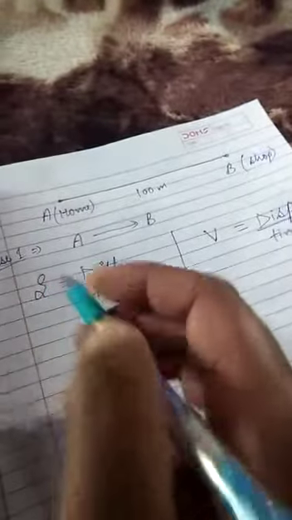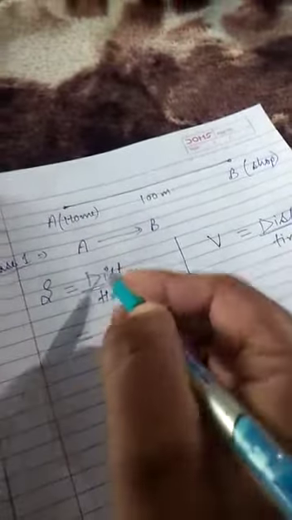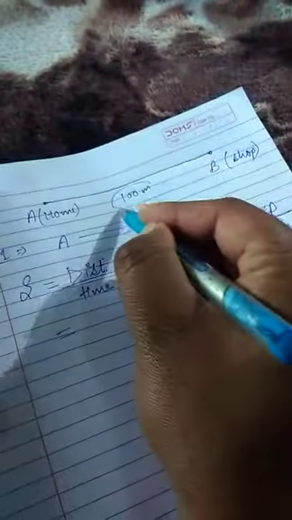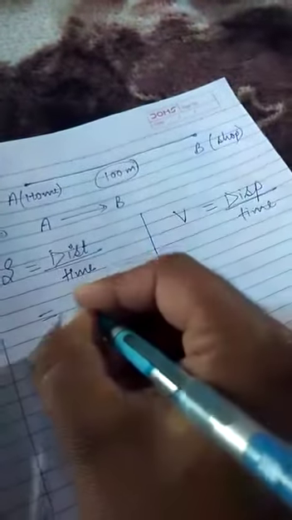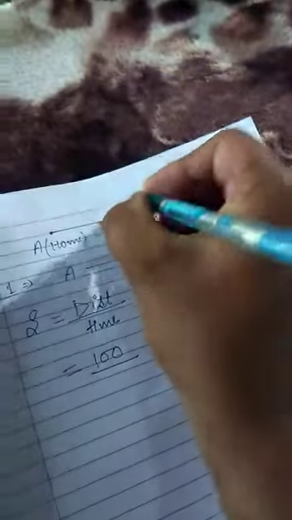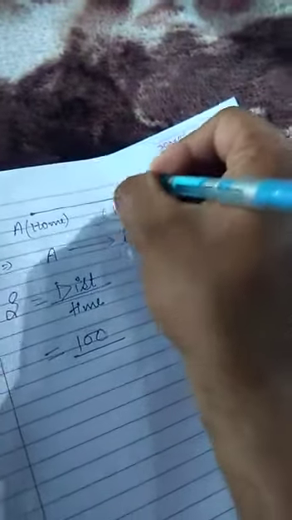Now if I want to find out speed, what is the distance? 100 meters. And let it take 2 seconds to reach there. So time will be 2.